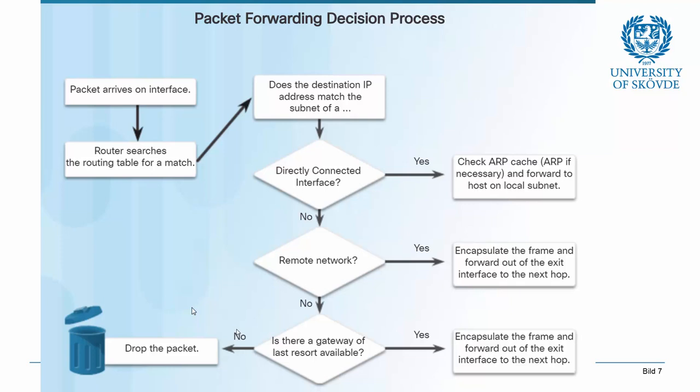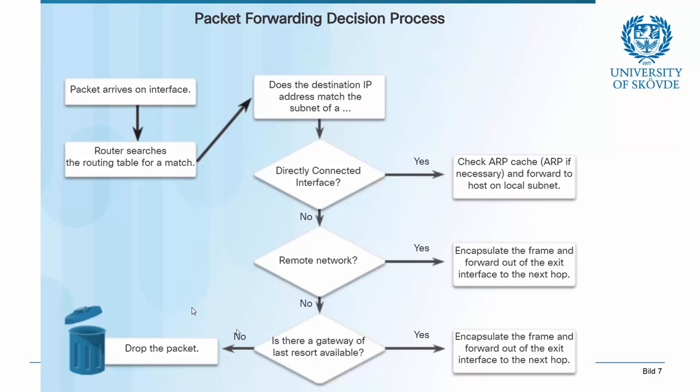So if there is a match, then the router will first look, is this a directly connected interface? Because if it's a directly connected interface, then it's something that should go out on a local network, right? If so, it will check its ARP cache or do an ARP request if necessary and forward the packet to the appropriate host on the local subnet.